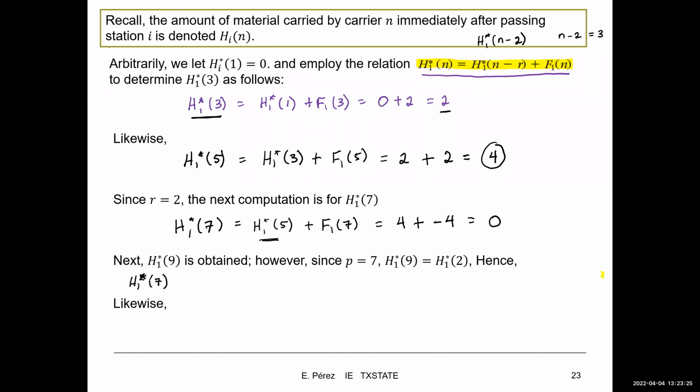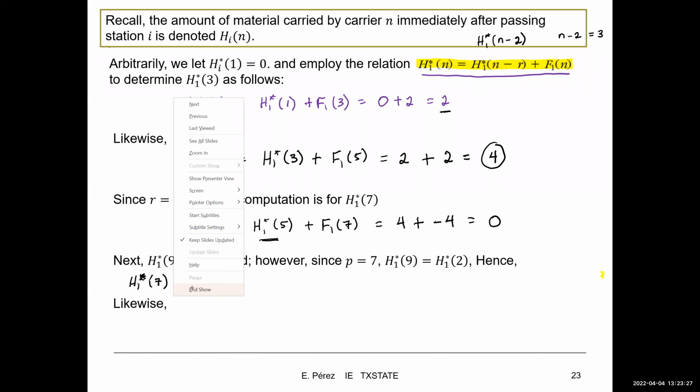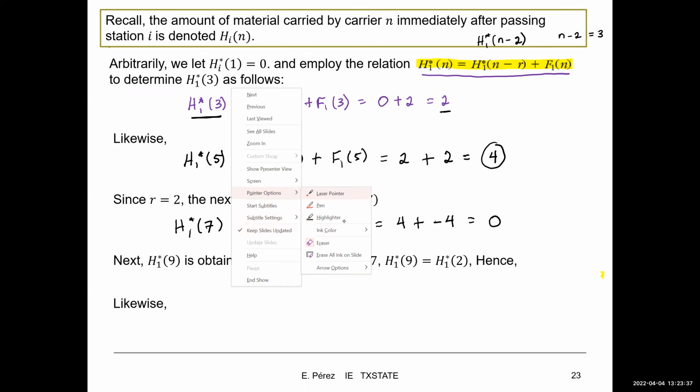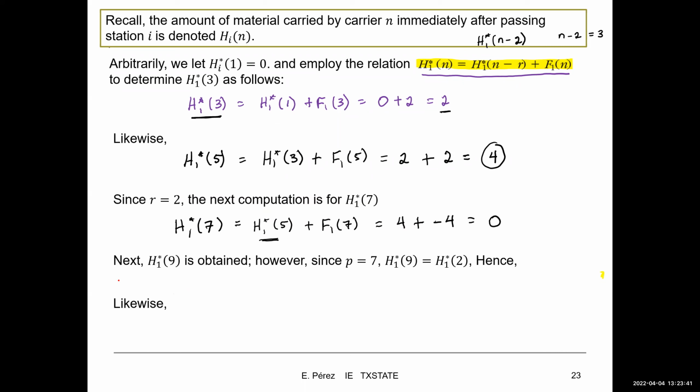I'm sorry, this should be 2. Let me erase this. Let me change the color too. So H1 star of 2.